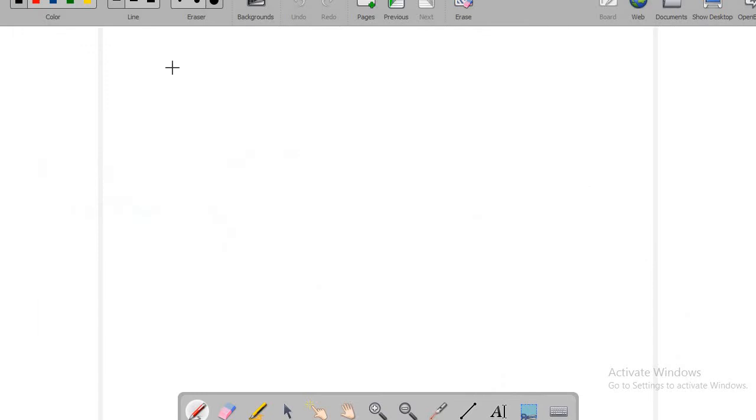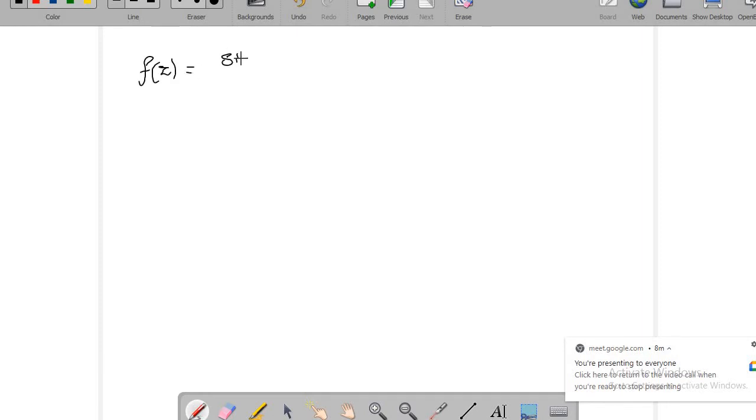For example, you take sine z by z. So now my function is f of z equal to sine z by z. So what is the singular point here? Zero, sir.